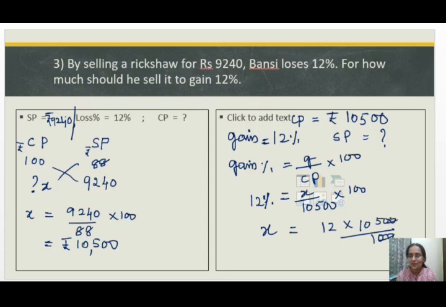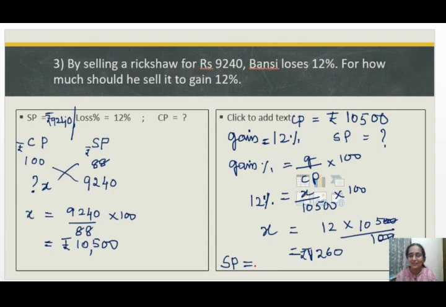You have to multiply 105 with 12, it is rupees 1,260. Now you have to find out the selling price by using the formula.